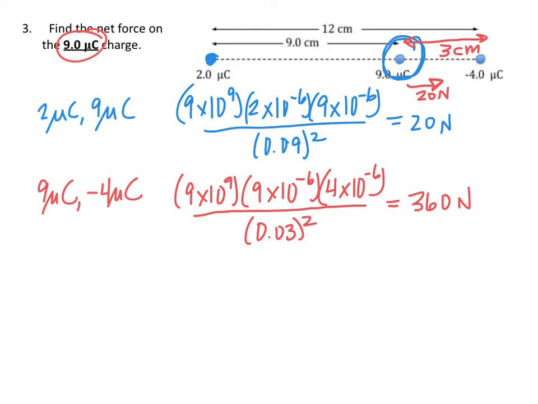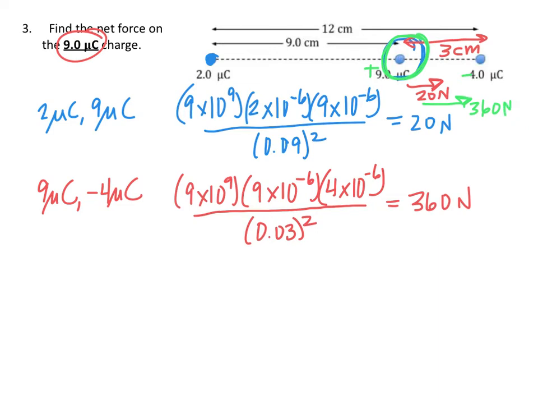All right, so let's think about the direction of that. This 9 is a positive charge. This is a negative charge, so there's an attraction. They're going to get pulled towards each other. But the charge that I am interested in is this one right here. So it's going to get pulled to the right, pulled toward the other charge.